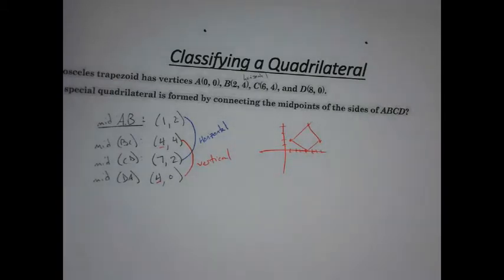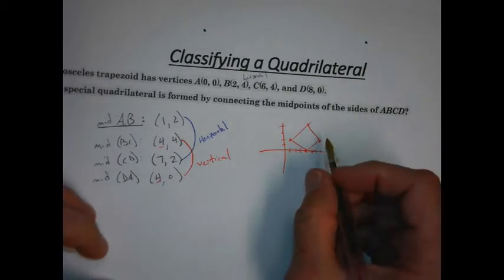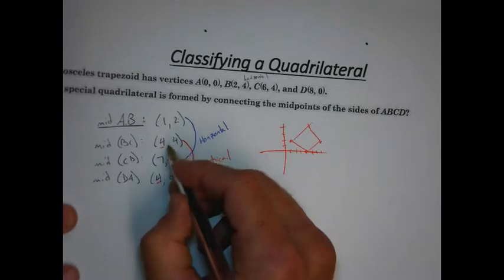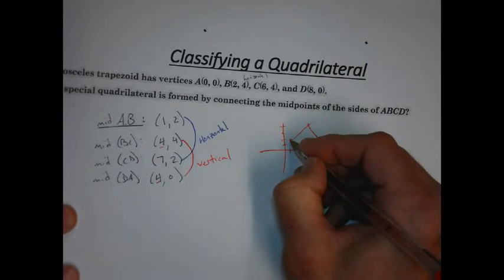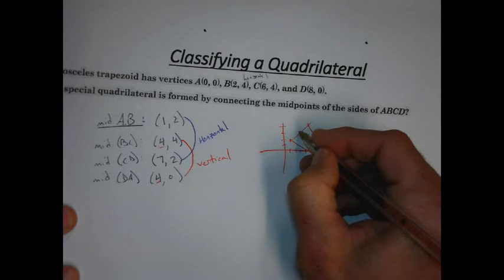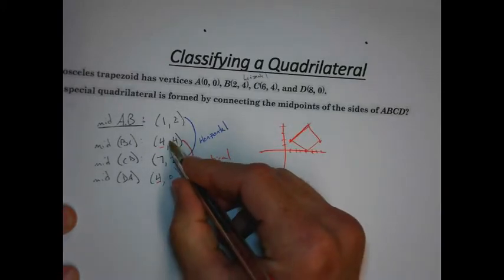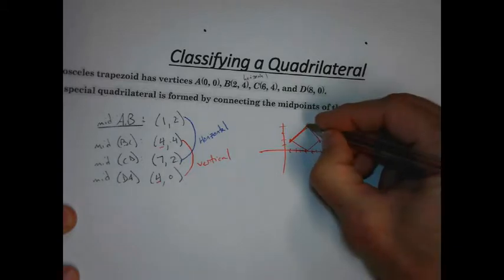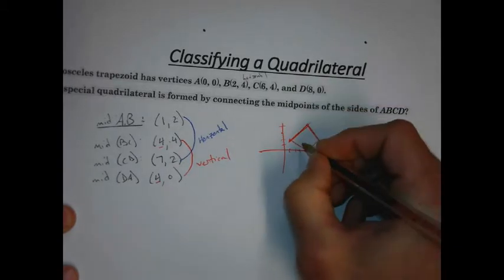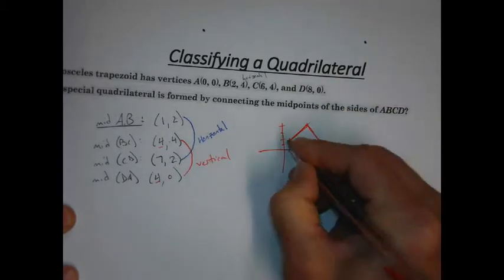So what is going on with these 4 points? What's interesting is that from 1, 2 to 4, 4 goes here. From 4, 4 to 7, 2 goes here. And from 7, 2 to 4, 0 goes here.